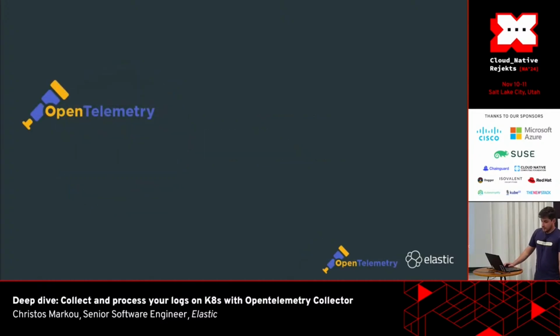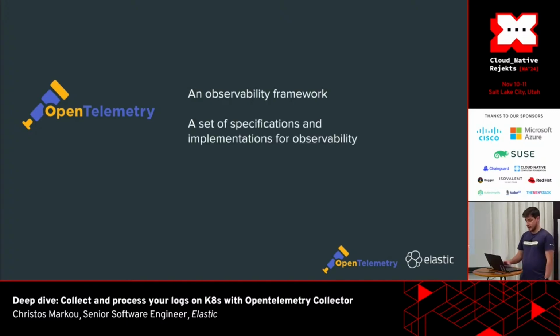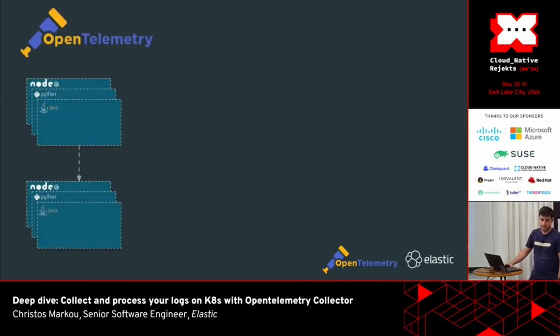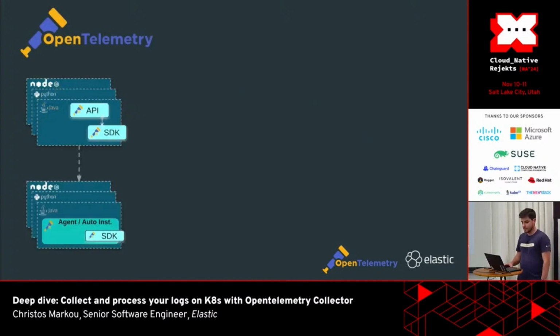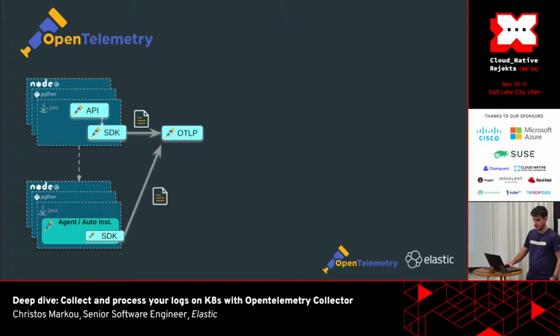So before we start, a quick reminder of what OpenTelemetry is. For those that are not quite familiar, we know that it is an observability framework, and I like to think of it as a set of specifications and implementations for observability. So with OpenTelemetry, we can instrument our applications using the language-specific SDKs in order to start collecting telemetry signals from them.